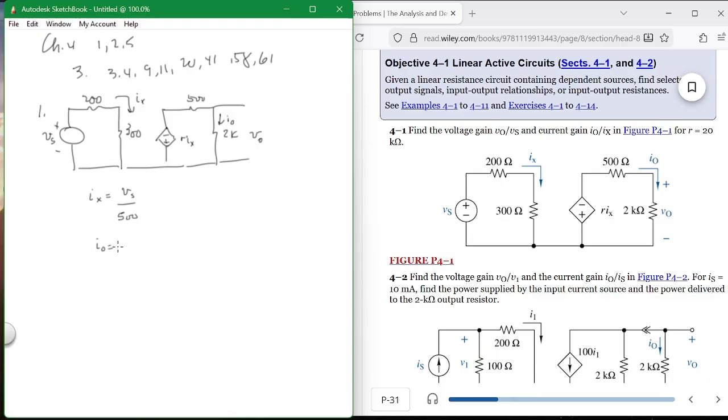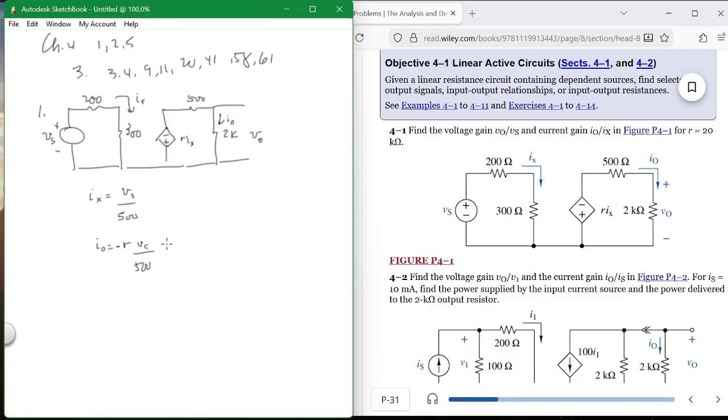Io is equal to minus R times Vs over 500, it's a minus because it's going this way.